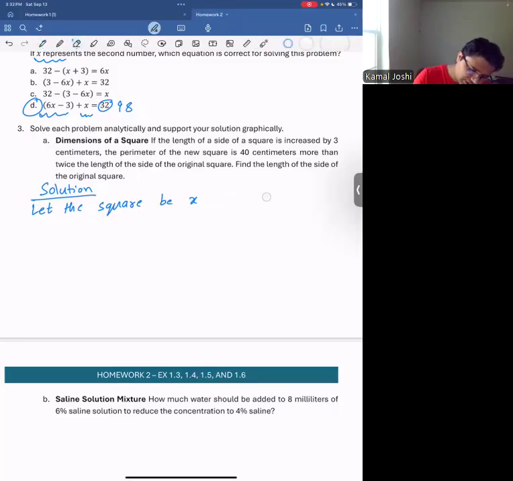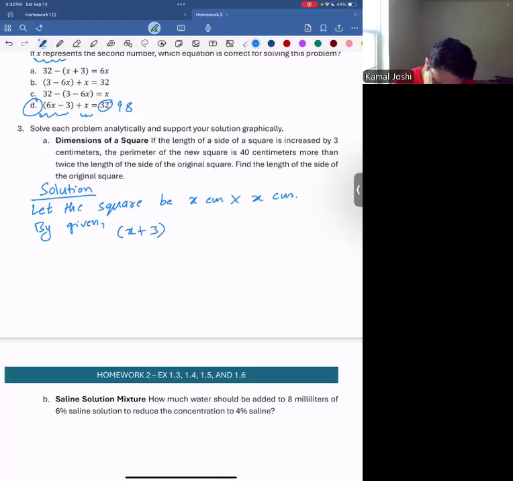Suppose that is the dimension of the square, right? And by the given, you increase by 3, x plus 3.